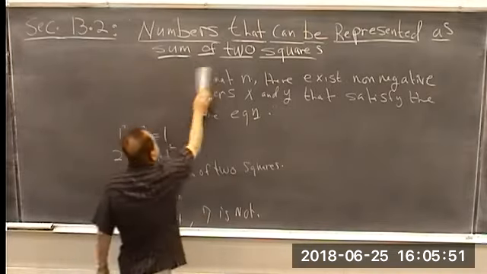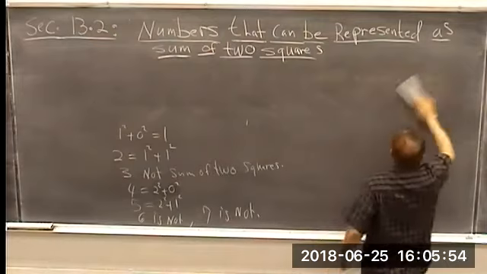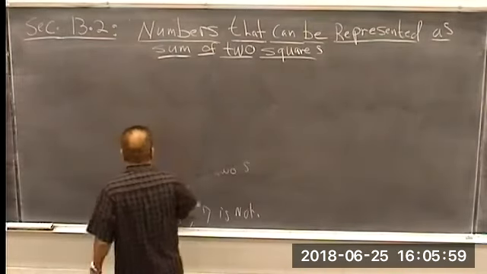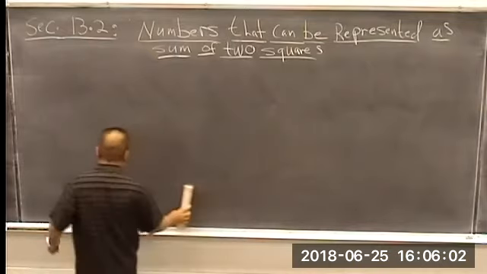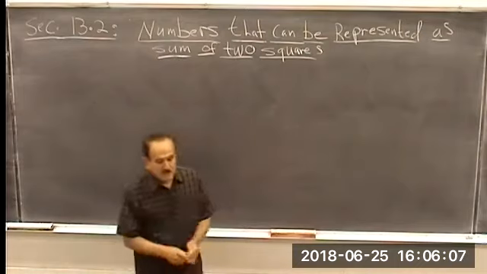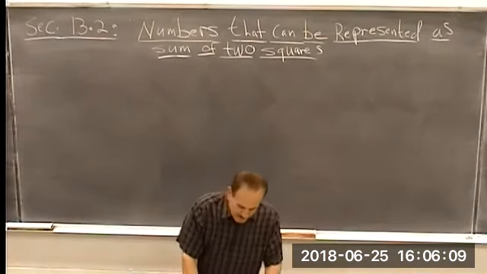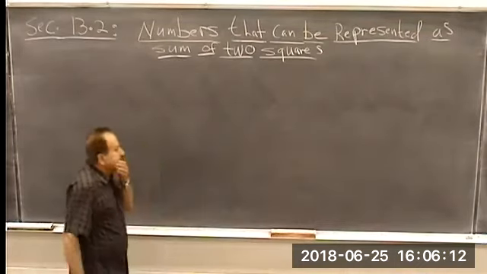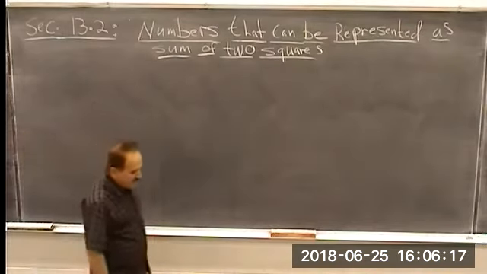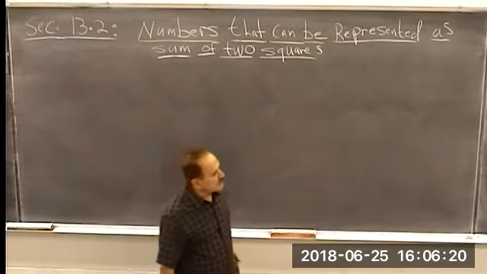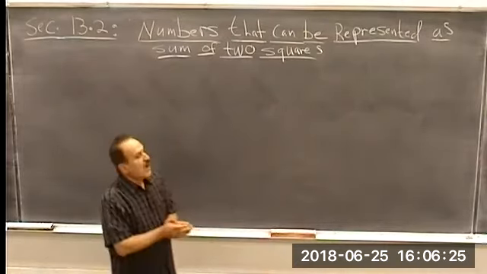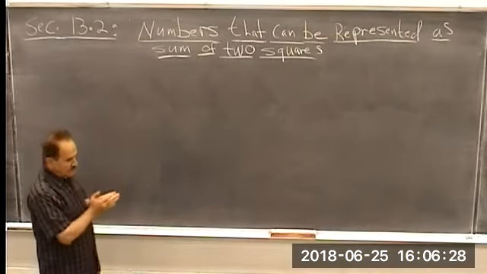It is known since the days of Fermat, and he did contribute to the solving of this problem. So let's start with this. First, we're going to find out that we can reduce this problem to determining which primes can be represented as a sum of squares.